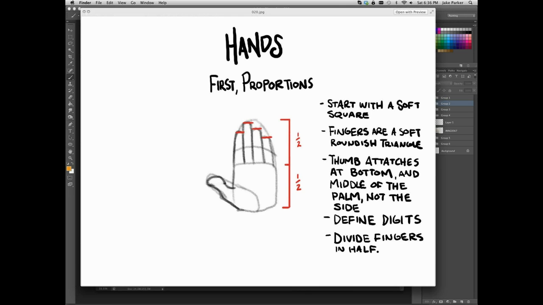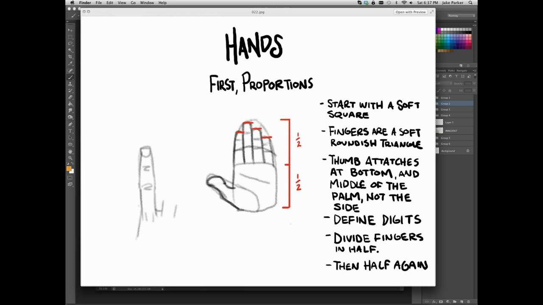Now you take those fingers and you cut them pretty much in half, favoring the ends of the fingers, and that's where they're mostly going to bend. And then you cut those in half again, and that's where the third section of the digit is going to happen. And then I add a little palm line on there too, just to define that section of the hand. Because on the other side of that is the knuckles.